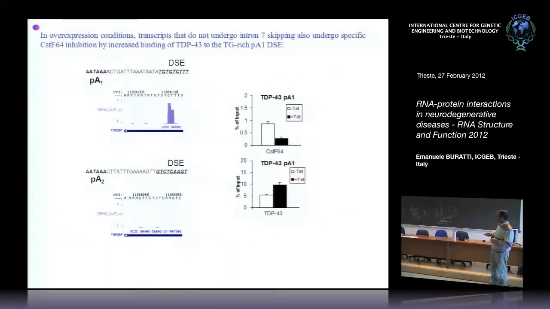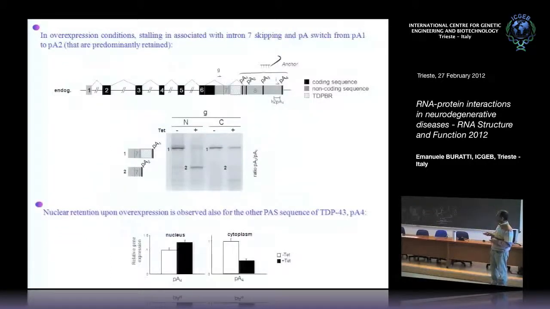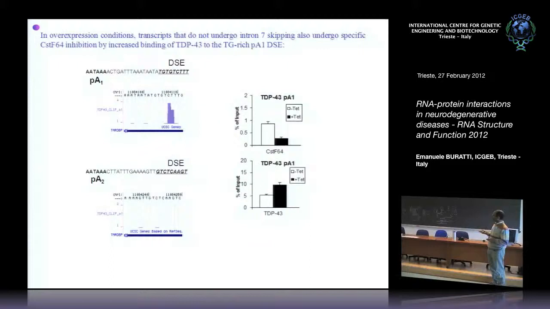And there is some read-through, but also in the case of read-through, so in the case when the intron 7 is not recognized and is not taken out, what happens is that there is competition, because TDP43 itself is not just capable of binding to the TARDP region that is somewhere around here, but is also capable of binding to the downstream sequence element of the polyadenylation 1 and inhibiting its use.